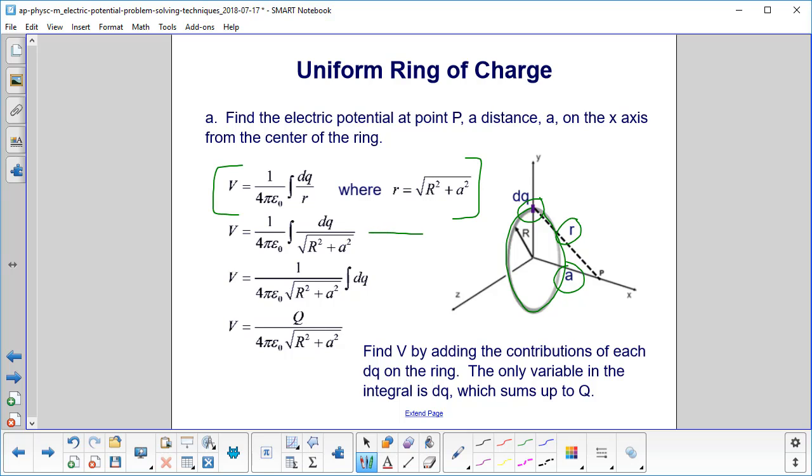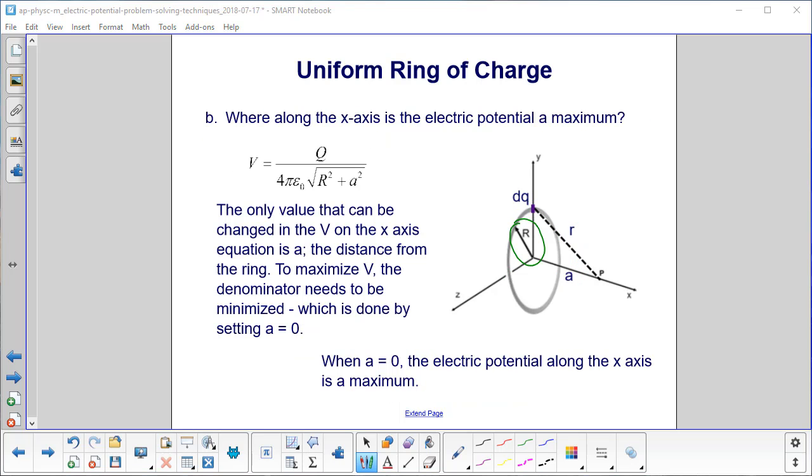We insert that into the equation, we remove all the constants, and then we're integrating a little dq. That means you're adding up all the little bits of charge going around the ring, and that's just going to sum to Q. So here's our potential at point P.